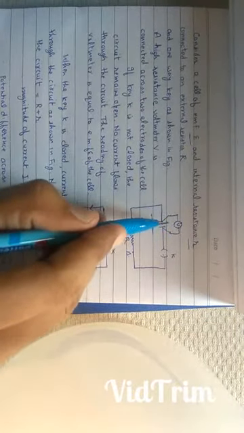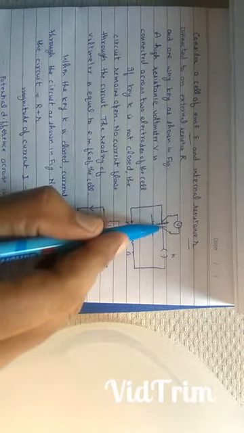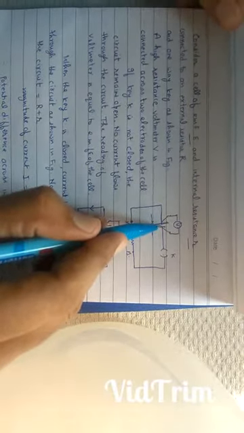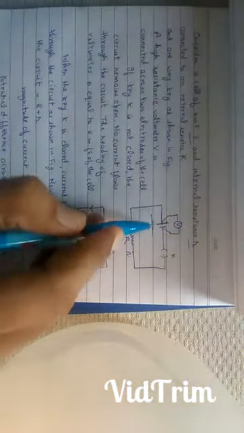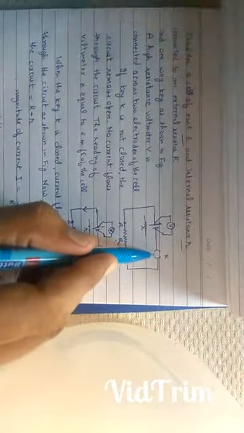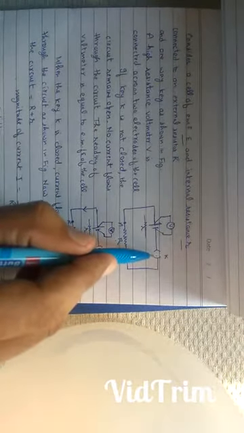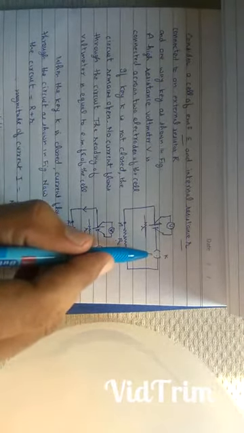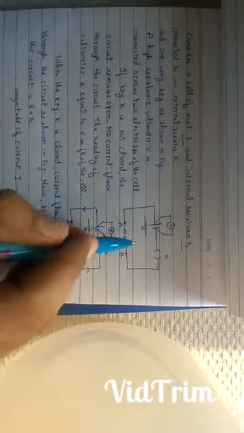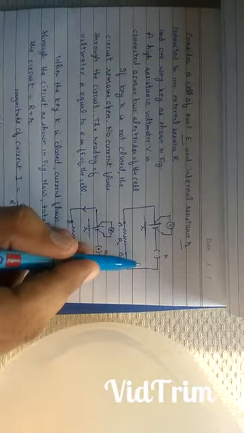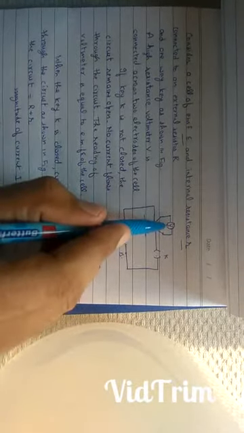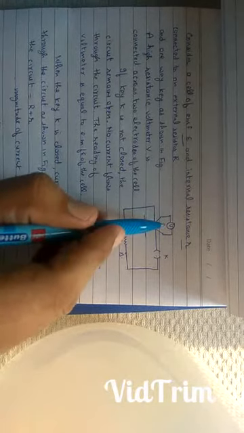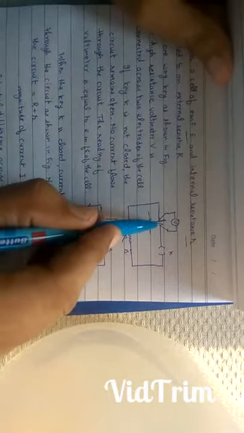Let a high resistance voltmeter V be connected across the two electrodes of the cell. If key K is open, or if key K is not closed, then the circuit remains open and no current flows through the circuit. Then the reading of the voltmeter gives us EMF of the cell.